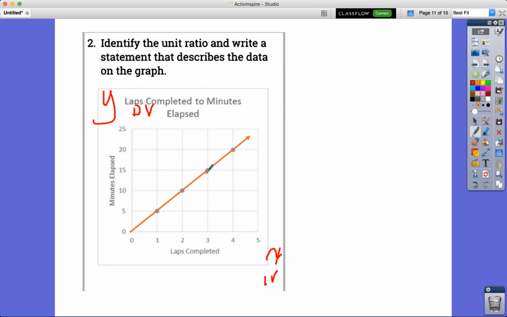And then 15 and then 20. So I know that my ratio of laps to minutes is a 1 to 5 ratio. 1 lap, 5 minutes. 2 laps, 10 minutes. 3 laps, 15 minutes. 4 laps, 20 minutes. Make sure you have your statement and your ratio clearly written.